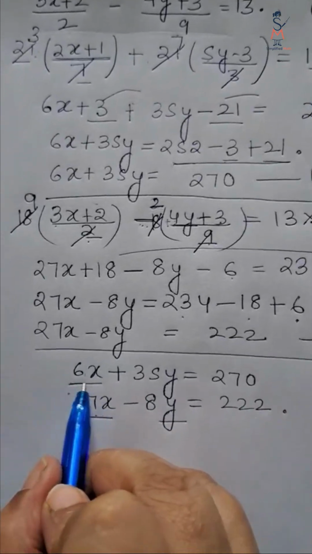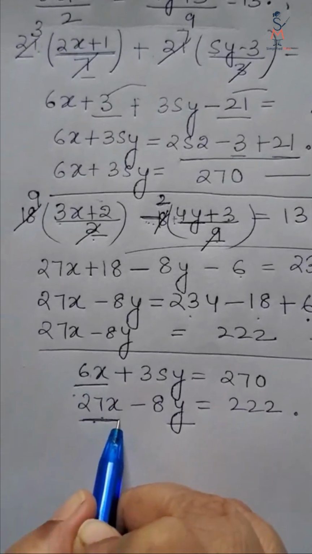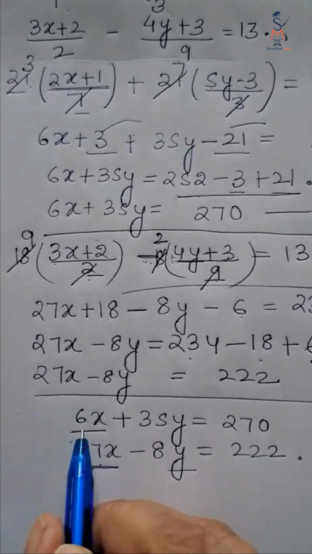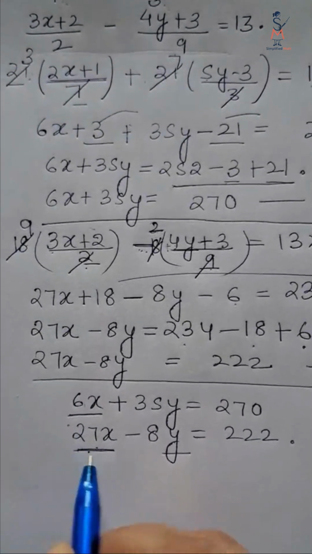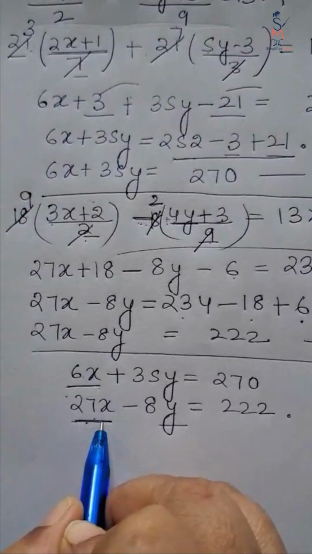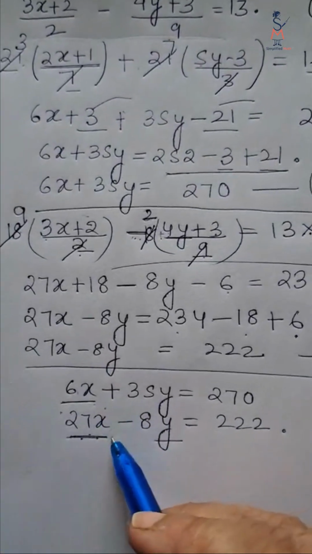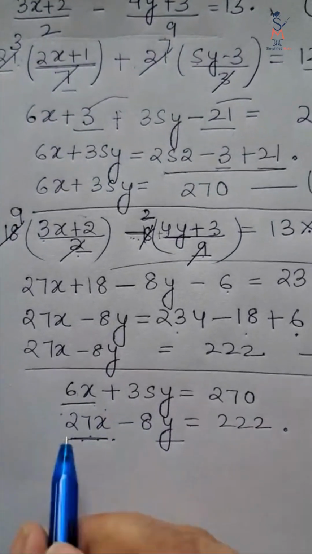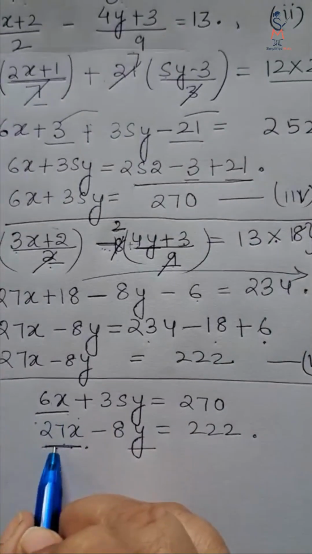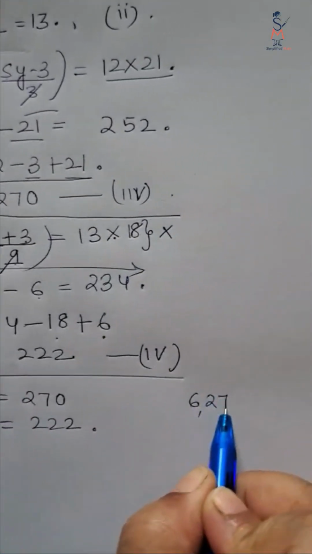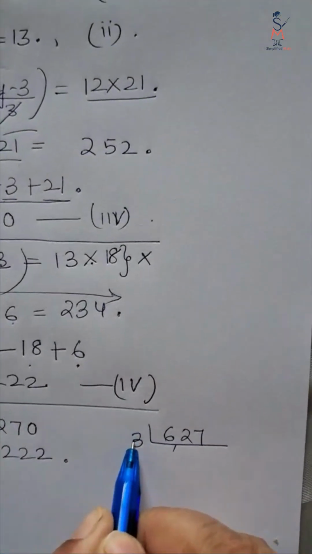So for the elimination process, we make the coefficient of the variable the same. Here I am making the coefficient of x the same. So we will take the LCM of 6 and 27. This is how we take the LCM.